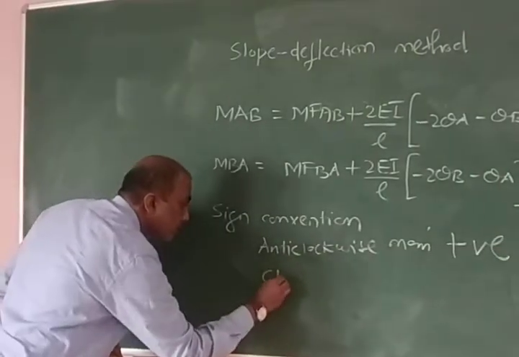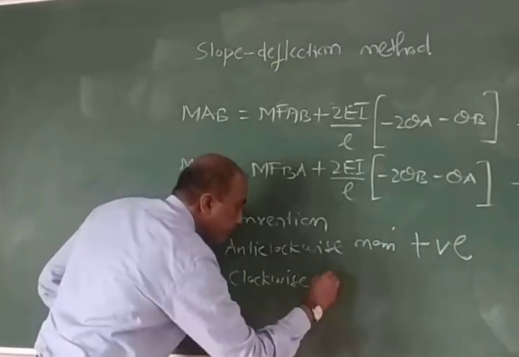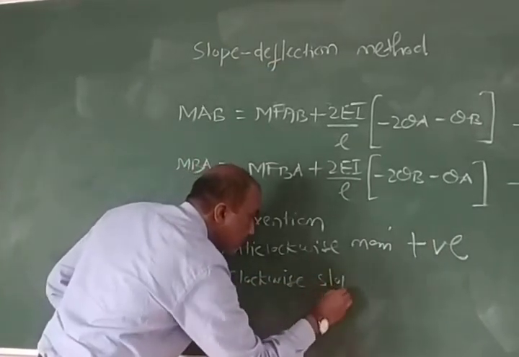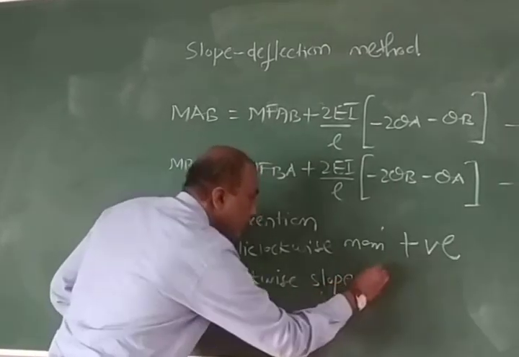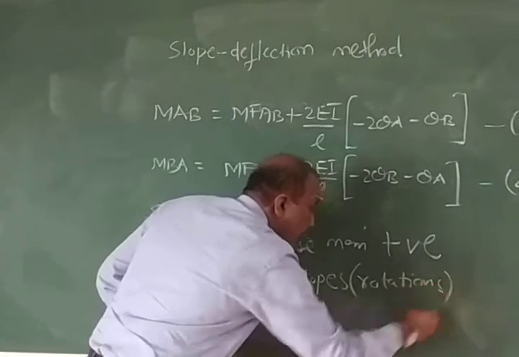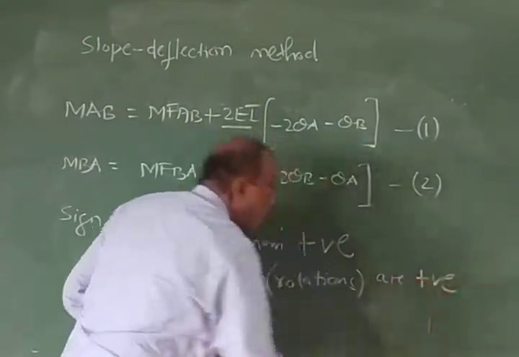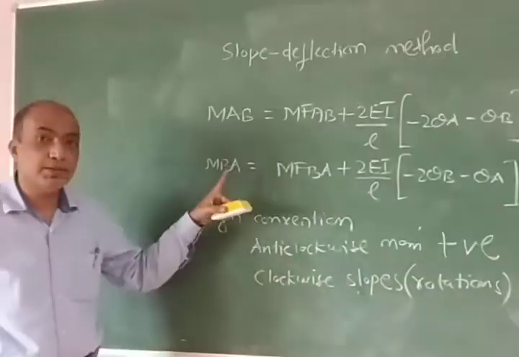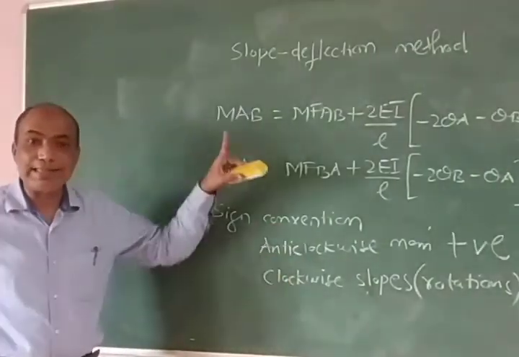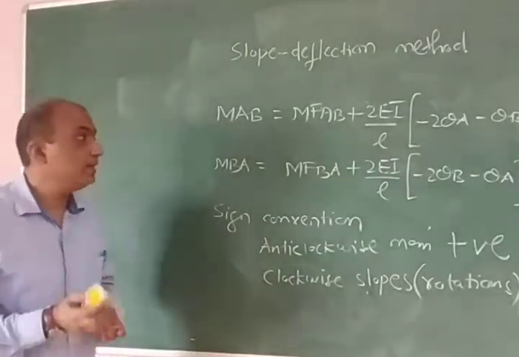And clockwise slopes or rotations are positive. That means whatever sign convention I have for moments, the exact reverse sign convention for the slopes. So these are the equations.